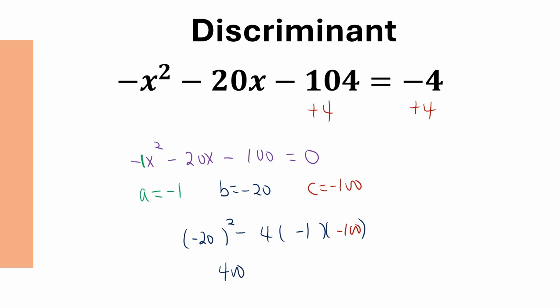Negative 4 times negative 1 is 4, times negative 100. That will give us negative 400. And 400 minus 400 equals 0. Because our discriminant equals 0, we know that this quadratic equation only has one real solution.